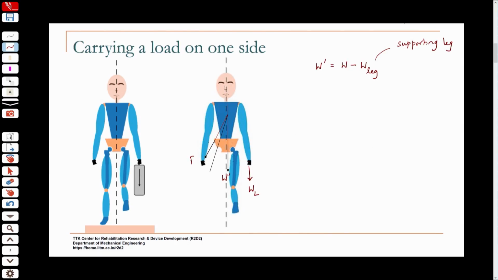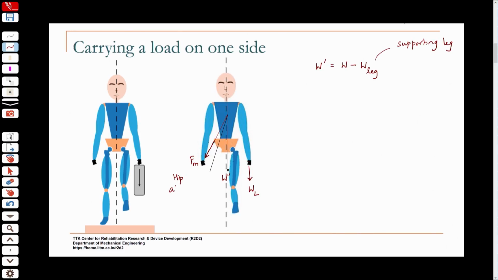Then I have the muscle force which is acting here. What muscle am I talking about here? The hip abductors, acting as Fm. The primary hip abductor is your gluteus medius. So, if this is my joint, then it becomes a 3-force system.